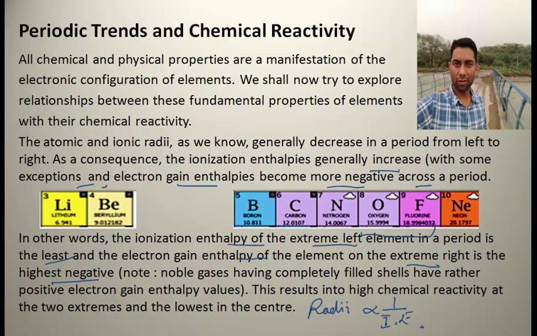So this results in high chemical reactivity at two extremes and the lowest in the center. That means due to this tendency to release electrons, the alkali and alkaline earth metals will release electrons, so they will become electropositive.